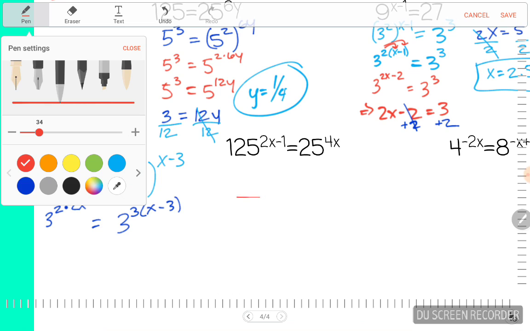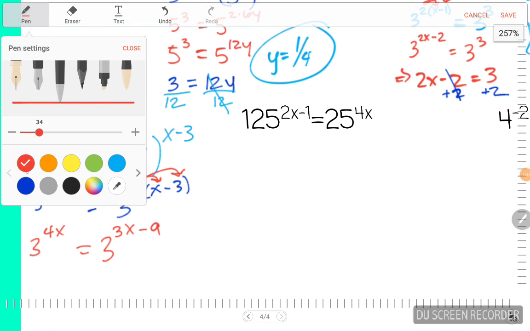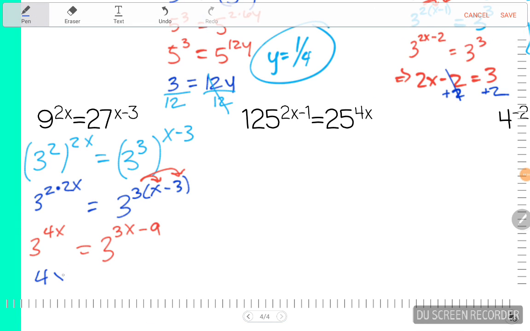Okay, I multiply these and I have 3 to the 4x equals 3 to the 3x minus 9, because I'm distributing that 3. Okay, so that means that the exponents must be equal. So I have 4x equals 3x minus 9.